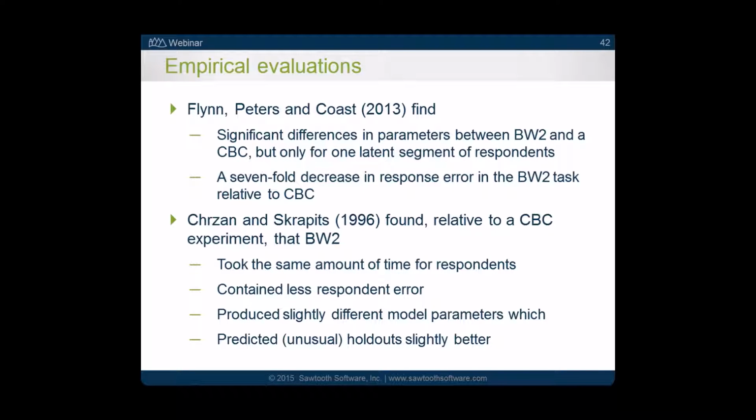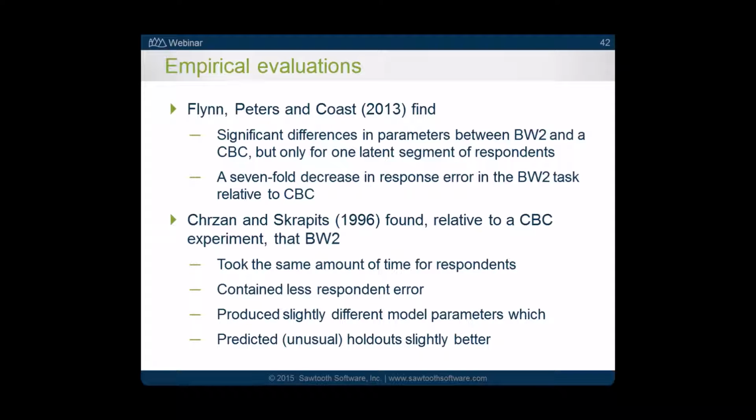When people have looked at this empirically, what they found is that sure enough, there's a big decrease in response error. Flynn, Peters, and Coast found a 7-fold decrease in response error for their best worst case 2 task relative to a choice-based conjoint. They did, however, find significant differences in parameters. What they found is that the two methods didn't give you the same set of utilities, at least for one of their segments of respondents.